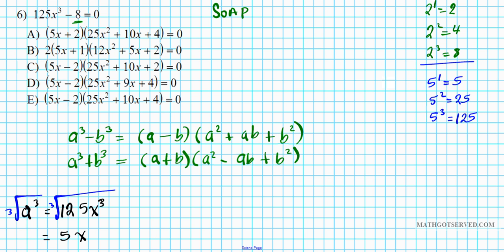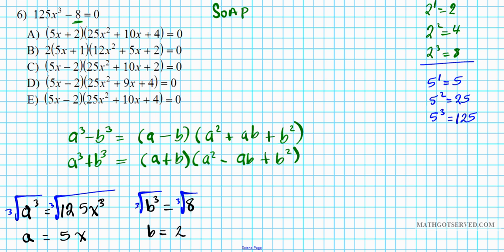A is 5x. Next thing we need is b. So b to the third is the second term. B to the third is 8. Forget about the sign. To get b by itself, you take the cube root of both sides as we did with a. Cube root of b cubed is b. What is the cube root of 8? Since 2 to the third power is 8, it follows that the cube root of 8 is 2.